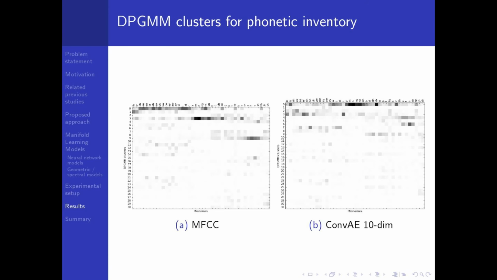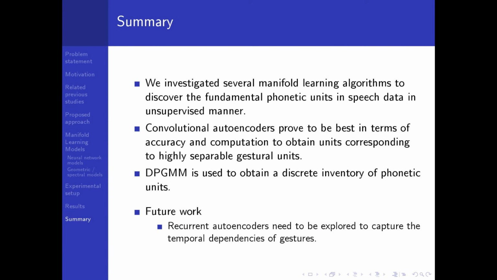So, to summarize the paper, we have investigated a lot of manifold learning algorithms to discover these fundamental phonetic units in speech data. We have seen that convolutional autoencoders prove to be the best in terms of computation as well as accuracy, and the representations obtained using convolutional autoencoders are highly separable.